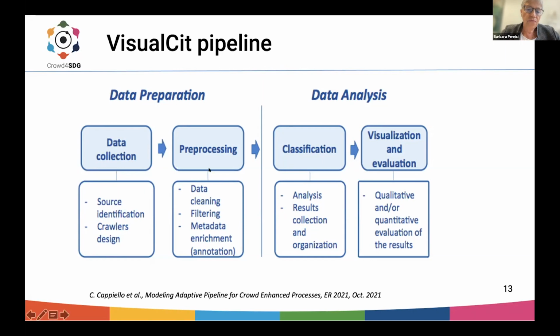So we were focusing a lot on trying to provide filters in order to give the crowd only pictures which are reasonably acceptable, and we ask them to analyze them, and finally we collect the results. We use majority voting for getting the results, and then we organize them and show them to people in terms of maps or tweets on a map or bar charts, as we were showing before.